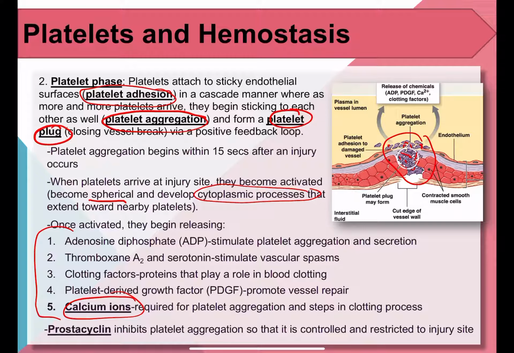It makes sure that platelet plugs only happen around the injury site, because if platelets start aggregating anywhere they want, we'll be in trouble because all these blood clots will start forming and they will block blood flow, and we don't want that. We only want it to be restricted to the injury site itself.